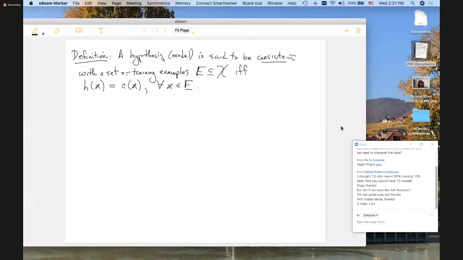In other words, a consistent hypothesis is always correct on the training data. Don't worry about the potential issue of overfitting. That's something else that we will need to address, but for now, just use this as our definition.